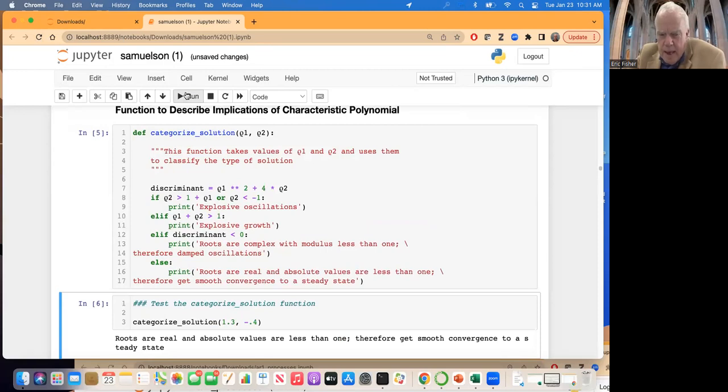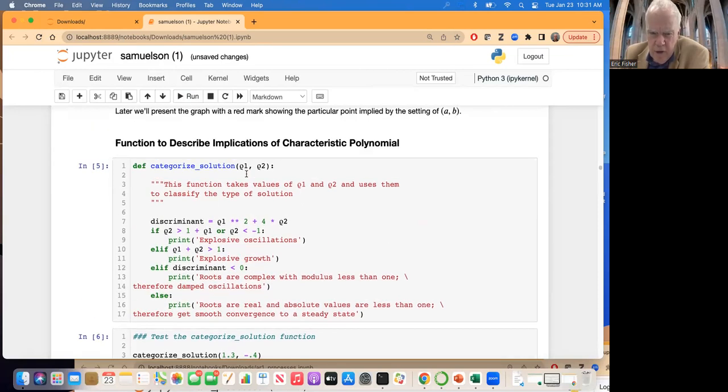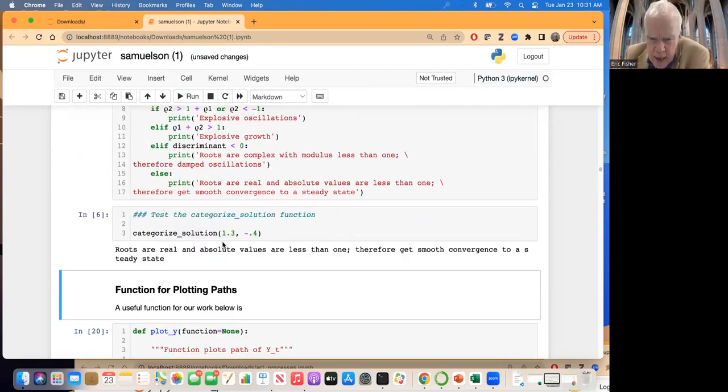So let's look at the characterization of the solution for when rho 1 and rho 2 are given. We characterize the case where rho 1 is 1.3 and rho 2 is negative 0.4. These are real and their absolute values are both less than 1.